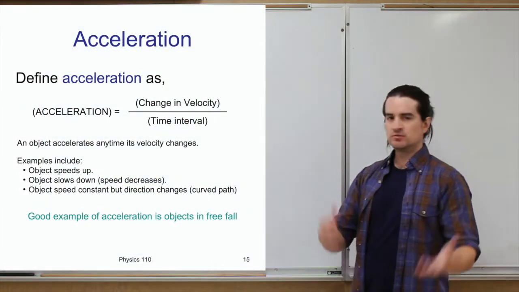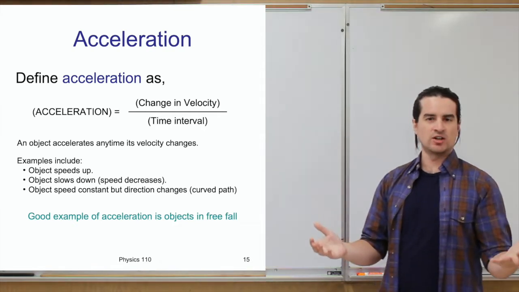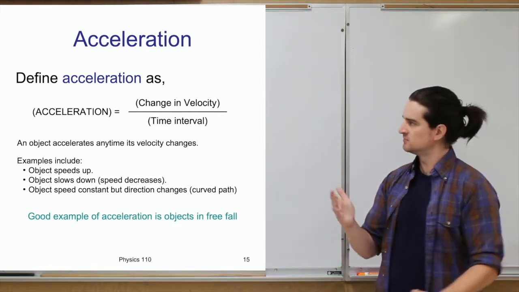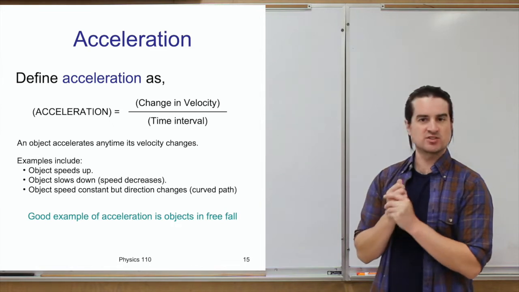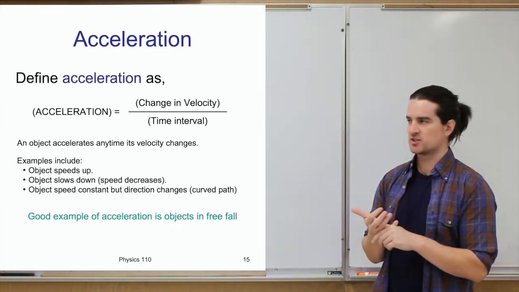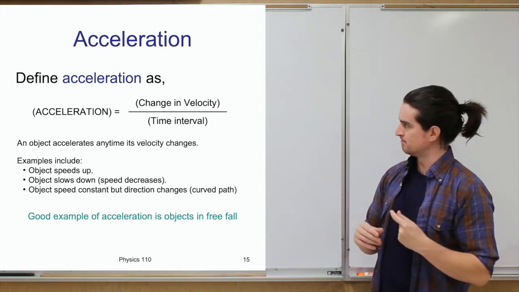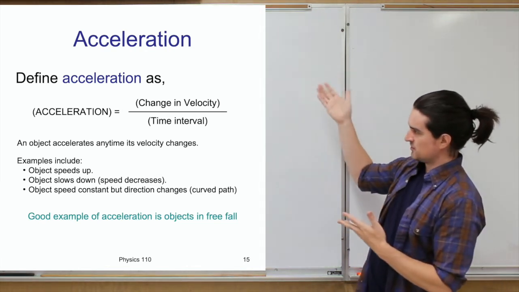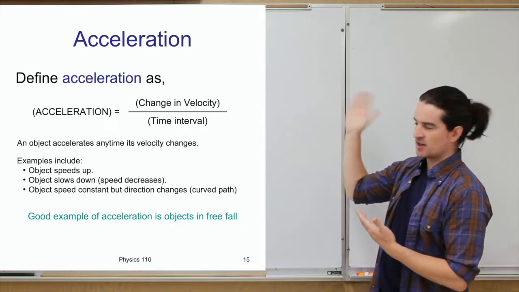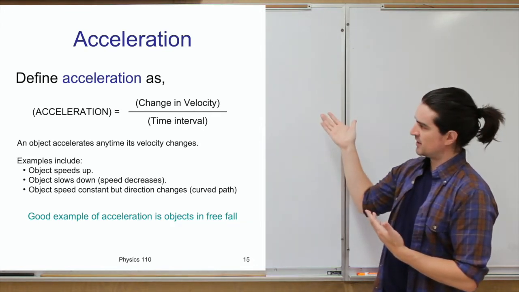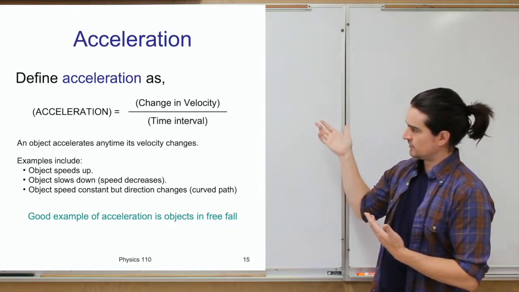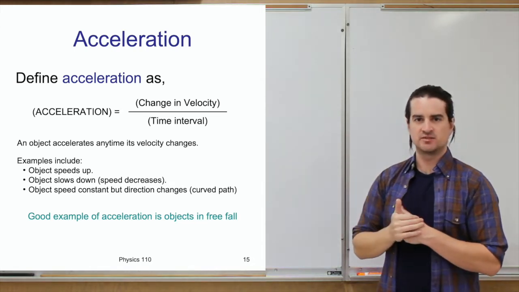Alright, so what is it called when you change an object's velocity? Well, that is an acceleration. Acceleration is exactly changing an object's velocity. Technically, the definition of acceleration is the change in that object's velocity divided by the time that it took to change that velocity.